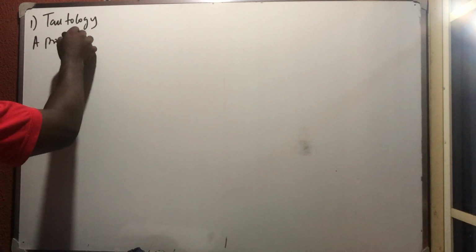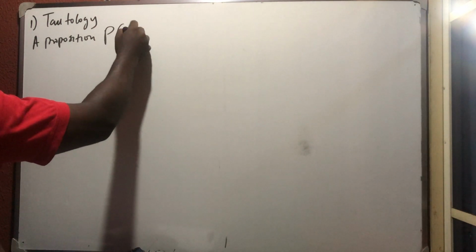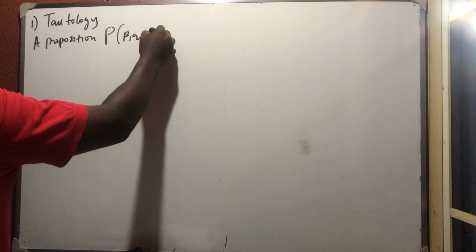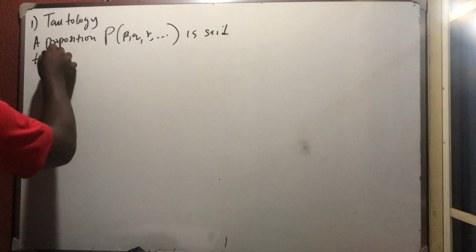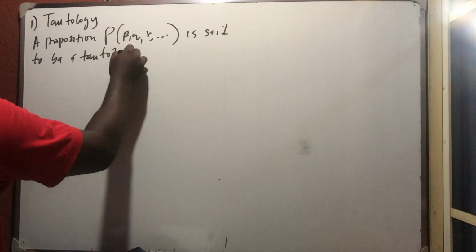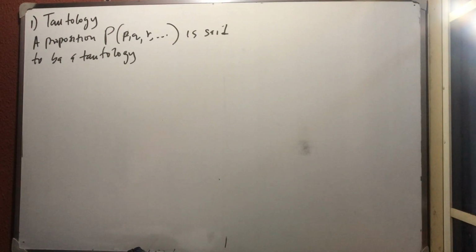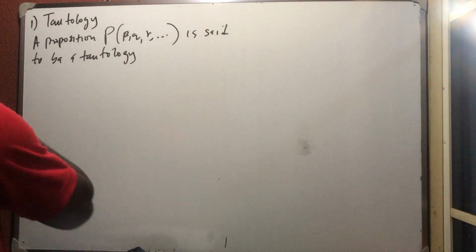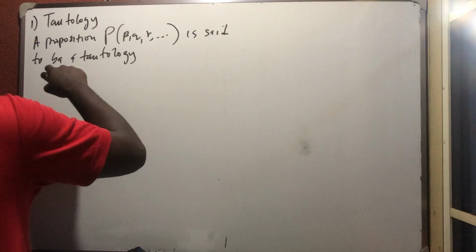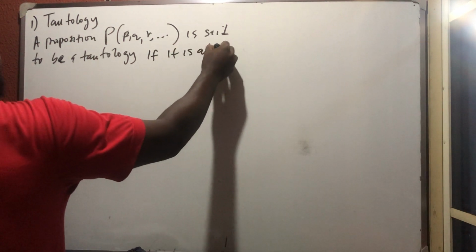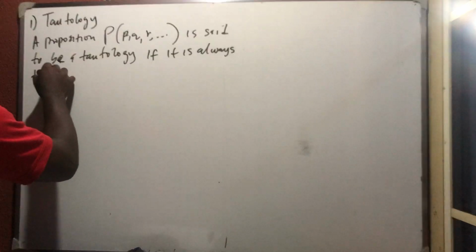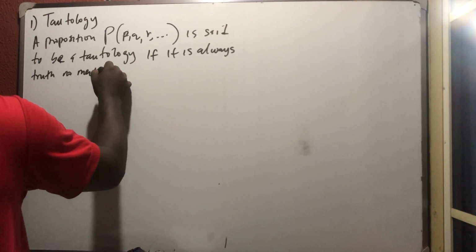They say that a proposition P, which is P, Q, R, dot dot dot, is said to be a tautology if it's always true, no matter the truth value of the variables.